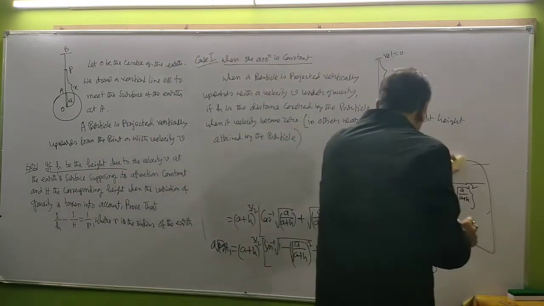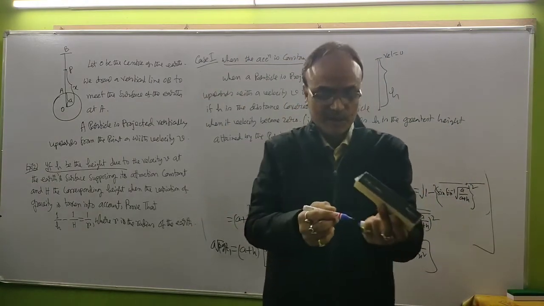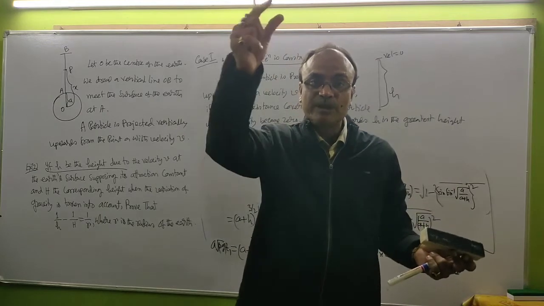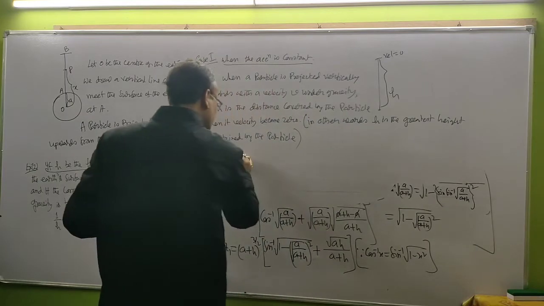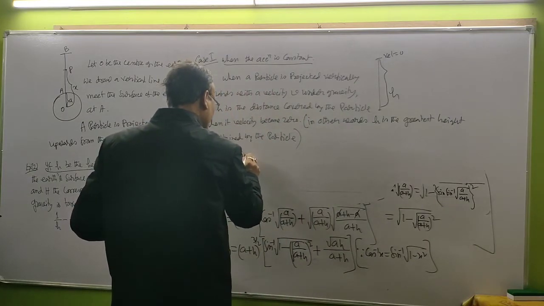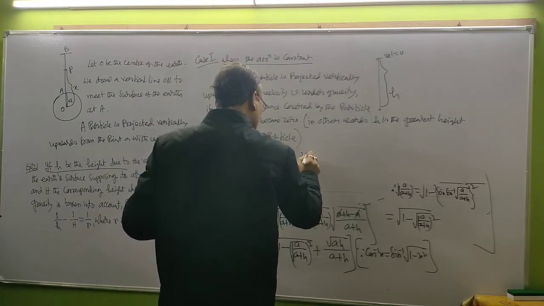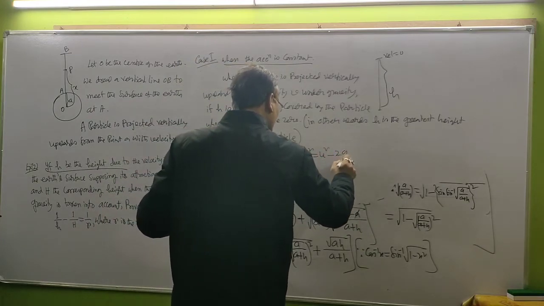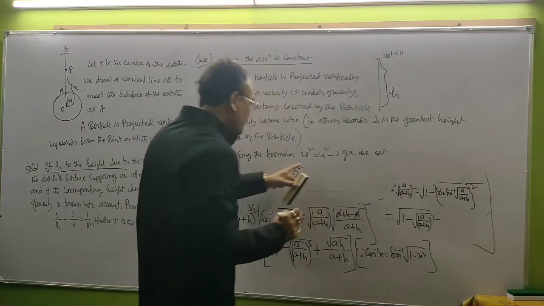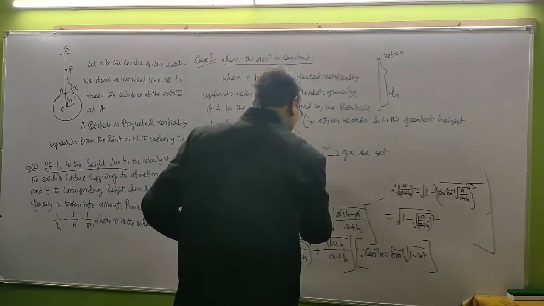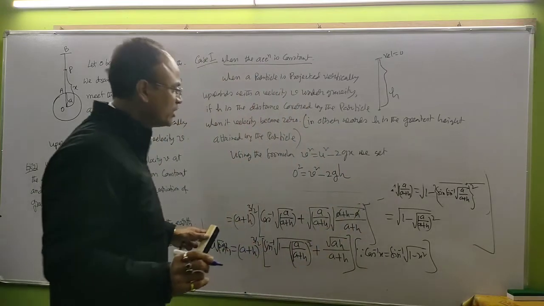Now use the formula. If a particle is projected vertically upwards, what is the formula? v square equal to u square minus twice gx. Using the formula, we get final velocity 0 square equal to initial velocity v square minus twice g times h.